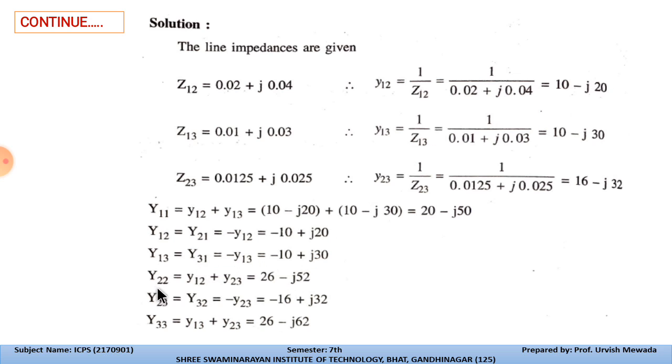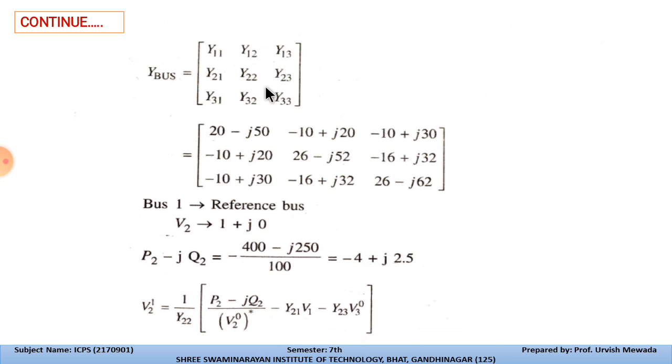Then Y22 is Y12 plus Y23, equal to 20 minus J52, and Y32 is equal to minus Y23, so minus 16 plus J32. Y33 is equal to Y13 plus Y23, equal to 26 minus J62.